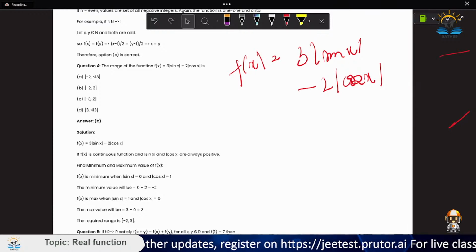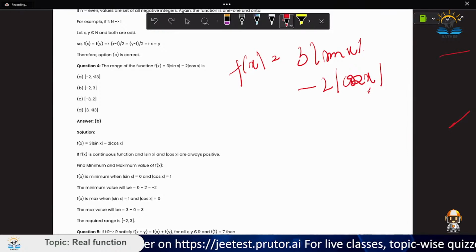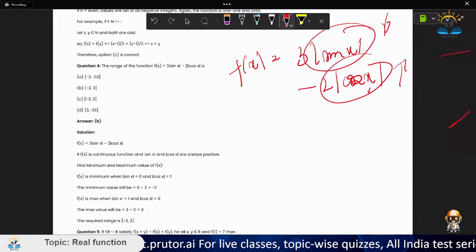So see, this is positive, this is positive. So the minimum of f of x would be when this is at its lowest, this is at its maximum. So when can that happen? The minimum of sin x is -1.